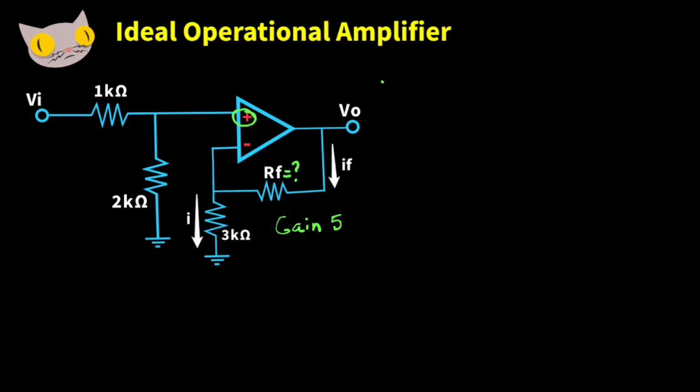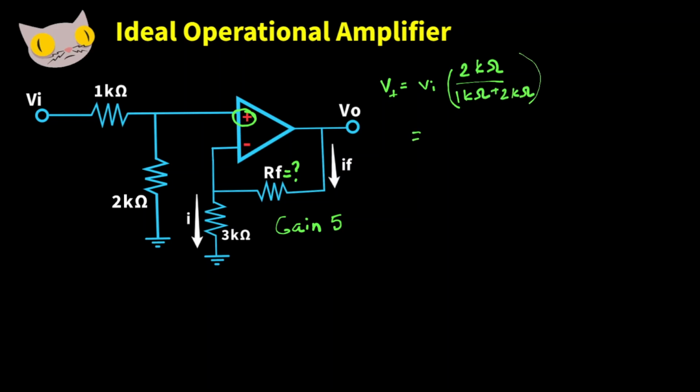So V plus is going to be equal to V in times 2k ohms over 1k ohm plus 2k ohms.